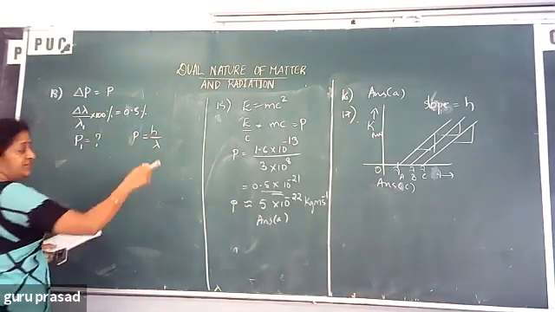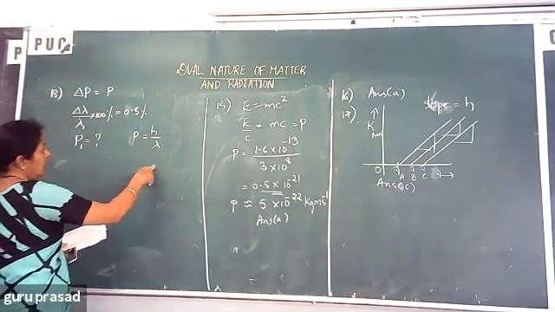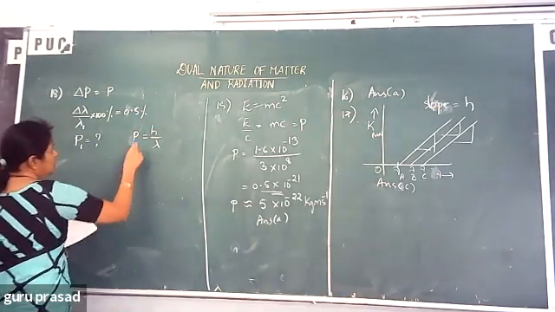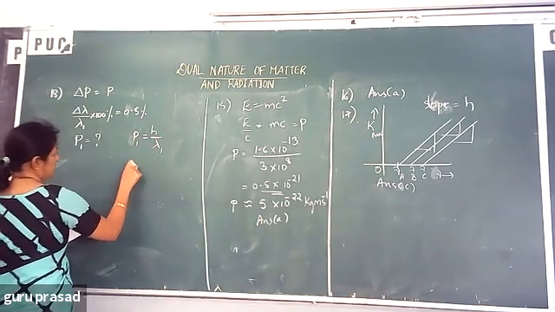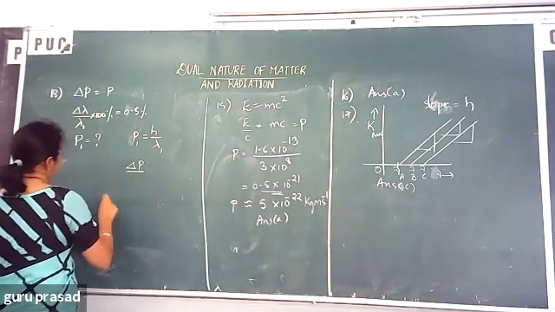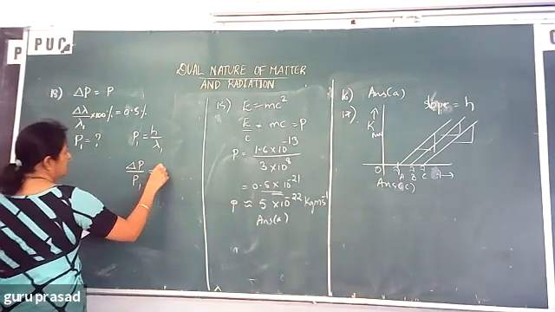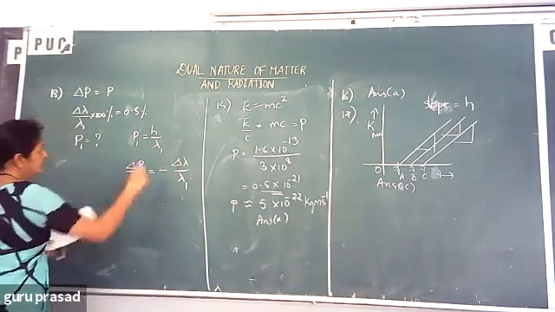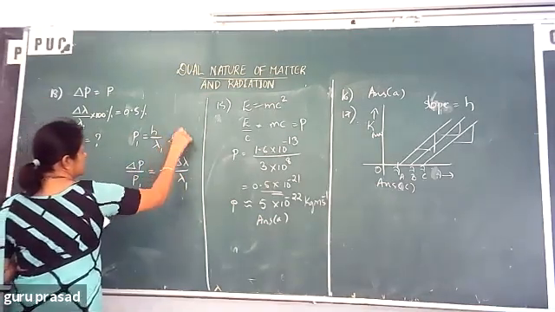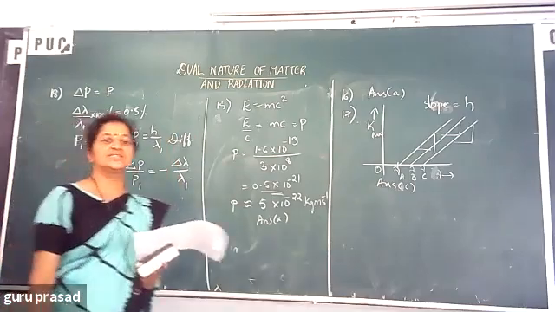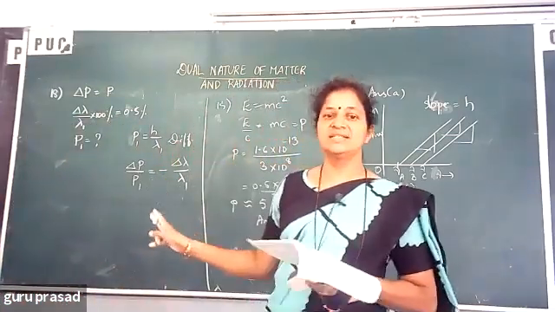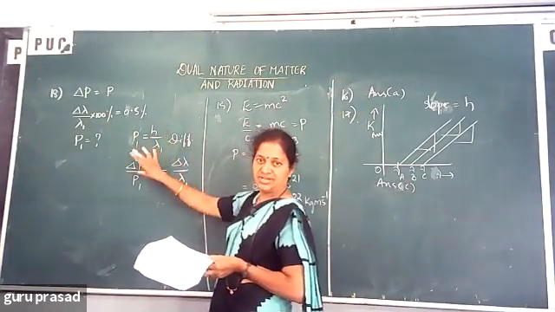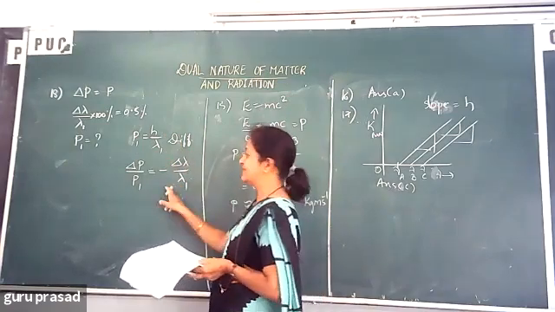Now if you differentiate the equation, and divide the differentiated equation by this first equation, you will get delta P by P1 is equal to minus delta lambda by lambda 1. You have learnt all this in first PU, we are using the results here.